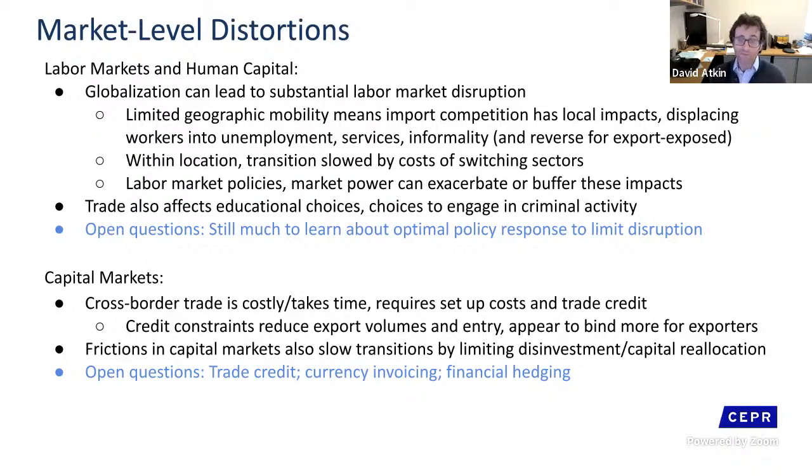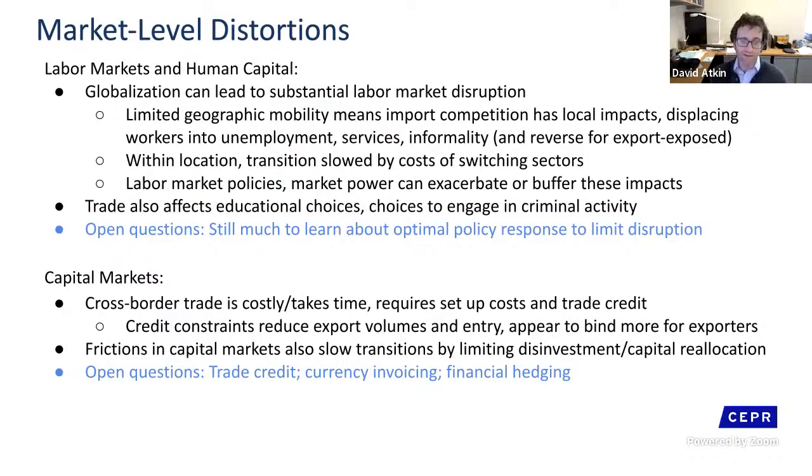But they have definitely increased import competition, and that's led to pretty substantial impacts on labor markets, particularly since we've discovered that geographic mobility is more limited than we might have expected.